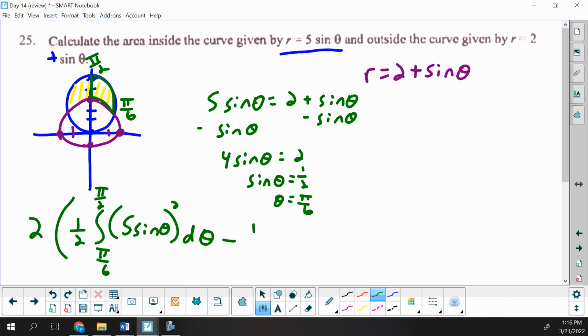So minus 1/2 integral from pi over 6 to pi over 2 of 2 plus sine theta squared d theta. And we'll leave this for you to finish up from there.